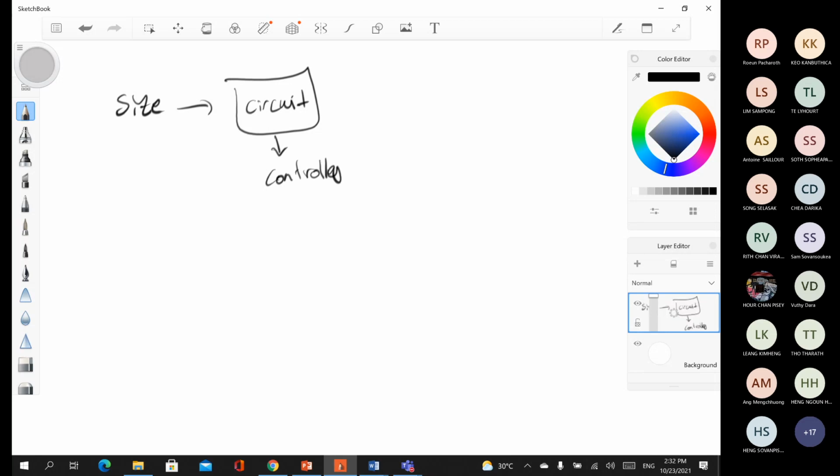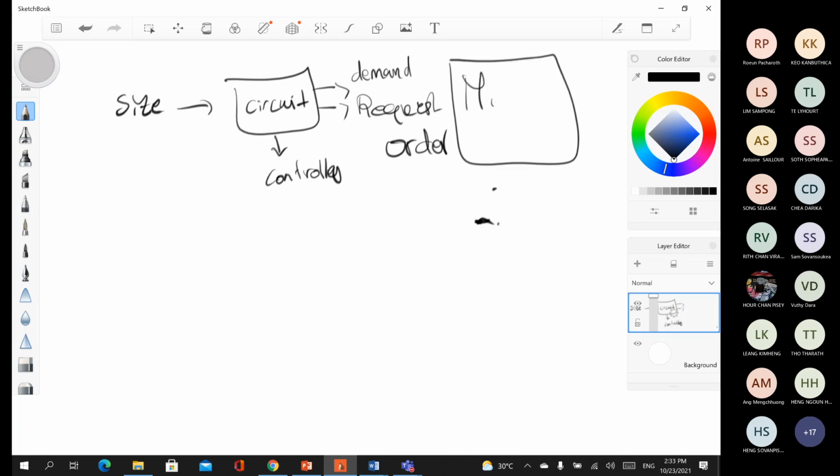After we put the size into the sequence as a controller, it will go to, I can say that the process in this case is a demand or request, sorry, a request or order, to the mechanism machines.